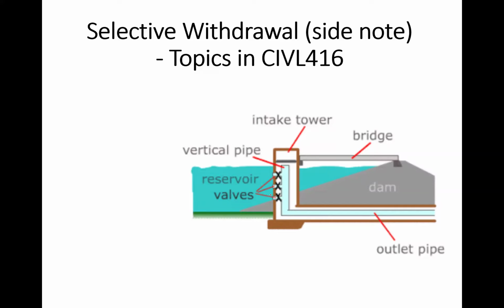So sometimes for different purposes, we want a specific discharge from specific layers, the stratified layers in the reservoir. The way this is done is using what is called a selective withdrawal type intake tower, which means you basically have gates at different elevations, and they help you withdraw from whatever elevation you want, depending on the temperature or the quality or density or sediment or whatnot.